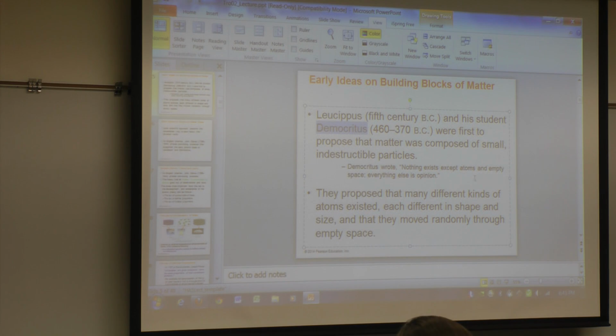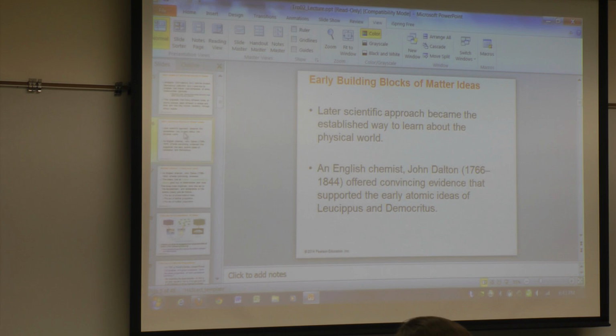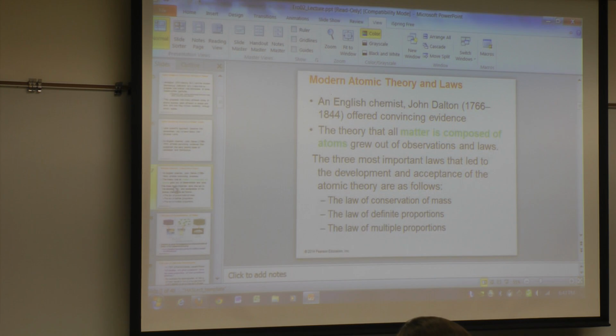Nothing exists except atoms and empty space. Everything else is opinion. Later on, this was established, and an English chemist, Dalton, provided the evidence behind it and came up with modern atomic theory and some laws that state matter is composed of atoms.